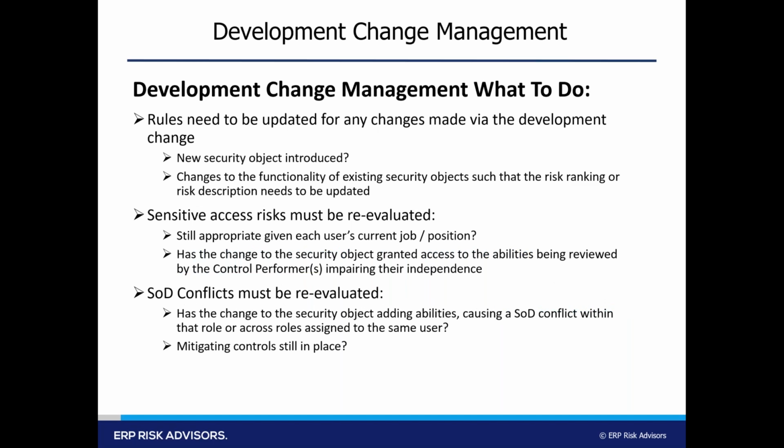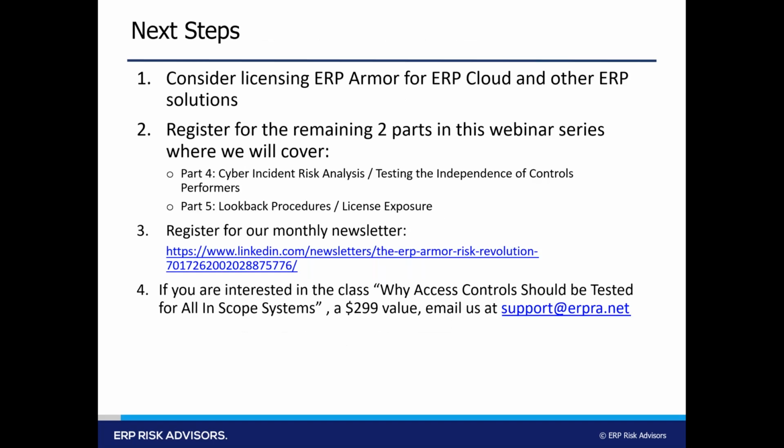I wanted to throw this in at the end of the topic, and that gives us room to cover the next couple of topics in the next two webinars in the series. In terms of next steps, if you are a SafePass customer and you're interested: we talked about ERP Cloud, but we actually have content for other applications.